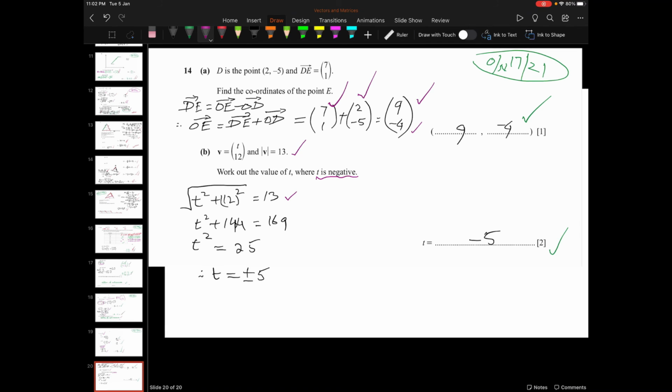Now taking the square on both sides, hence T square plus 144 is equal to 169 and T square is equal to 169 minus 144, which is equal to 25. Hence T square is equal to 25. So T is equal to plus minus 5. But the value of T is negative. So T is equal to negative 5.